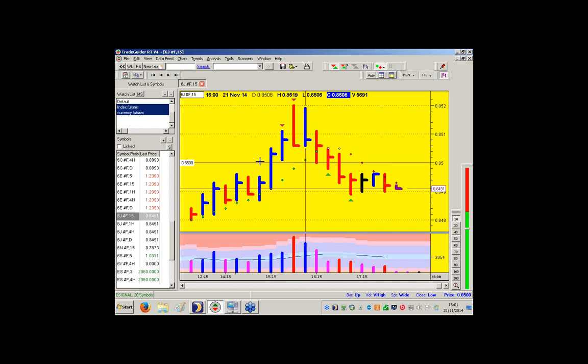But it's pretty obvious at the top of that, isn't it? Not only that, you've got some up move in the background, which makes it vulnerable to professional money wanting to get rid of some of their holdings. You've not only got one automatic signal, you've got two. And even this blue bar here is an upthrust, if you look at it carefully.